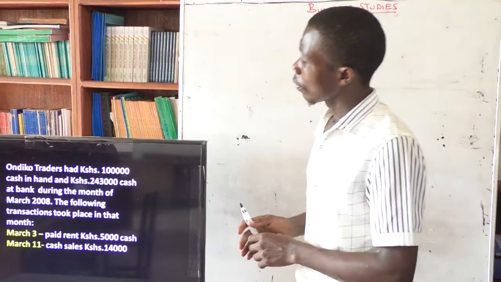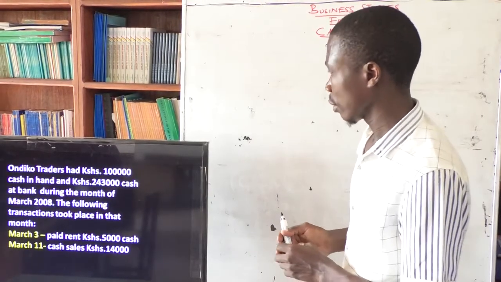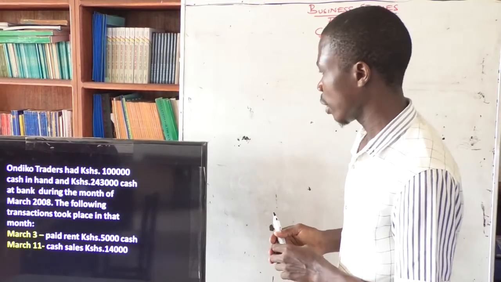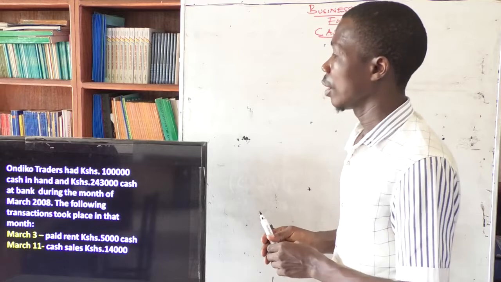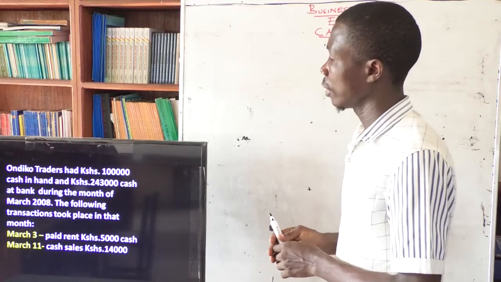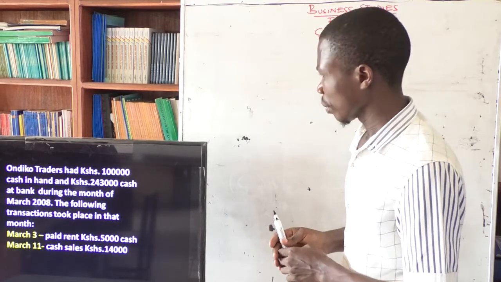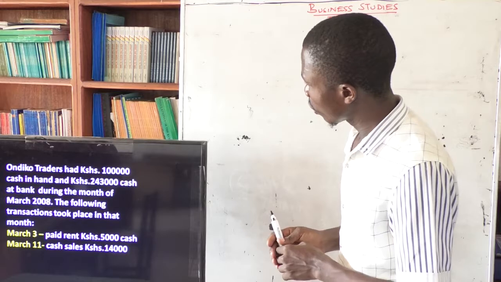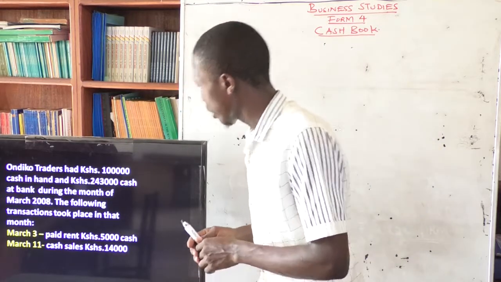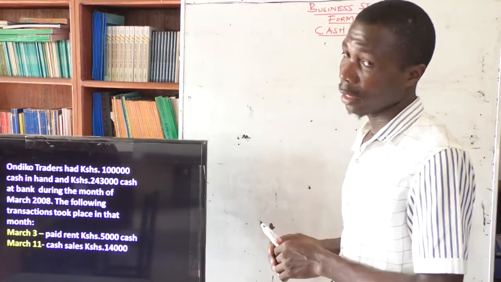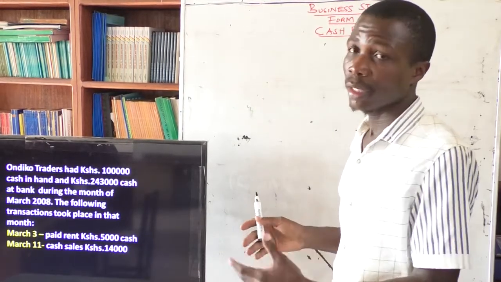Back to the question. Ondiko Trader had 100,000 cash in hand, and also 243,000 cash at bank. These are like capital, the money you started with.